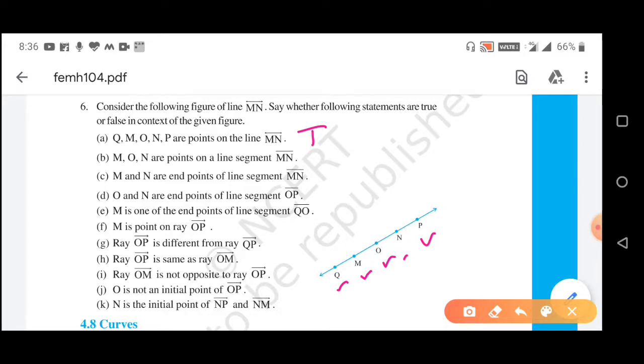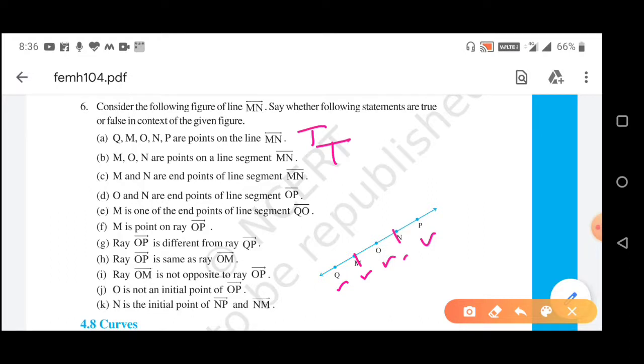So, here I am writing T. Question number B, M, O, N are points on line segment MN. So, here the line segment MN is given. So, starting point is M, ending point is N suppose. The question is M, O, N are points on the line segment. So, we have these 3 points on the line segment MN. So, this is also true.